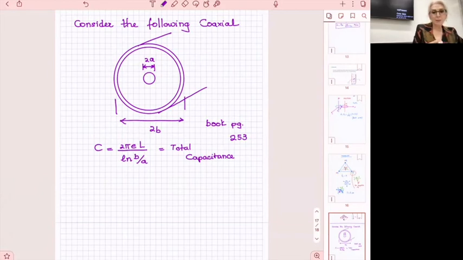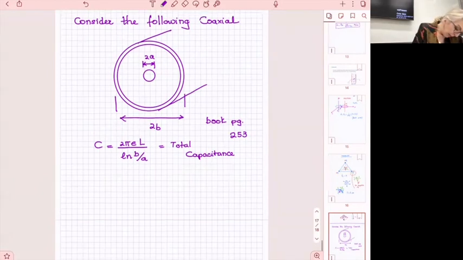So this is the total capacitance. Then if I do not know the length, and I find C divided by L, this is called capacitance per unit length.